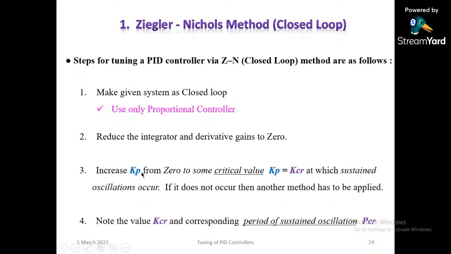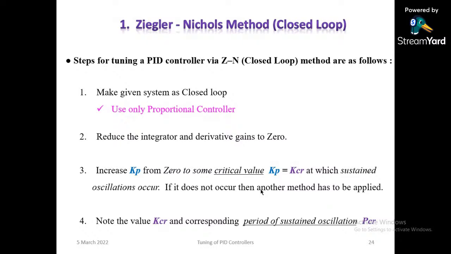Initially you will keep Kp as zero, and increase it up to KCR. At KCR, what will happen? At KCR, sustained oscillations will occur. Sustained oscillations.